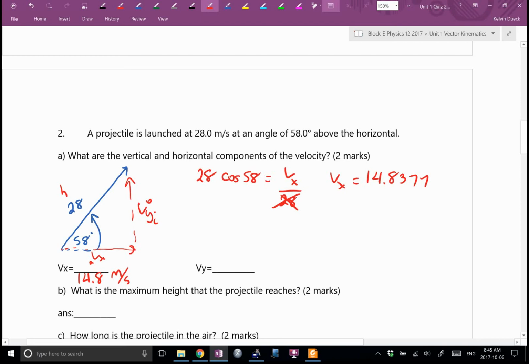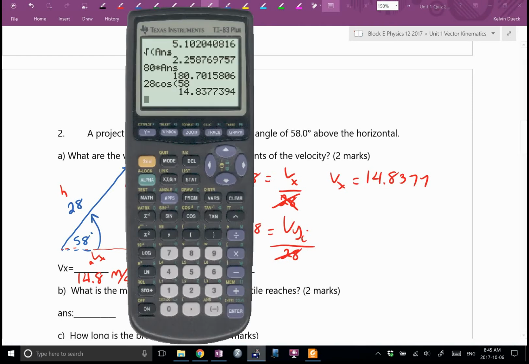If Vx was cos, Josh, what trig function do you think Vy is going to be? Let's prove it, because we're on a quiz, we'll be more careful and more meticulous. It turns out I go sine 58 equals Vy initial over 28. Sine 58 times 28, and sure enough, I go like that. Josh, you've seen the sign.